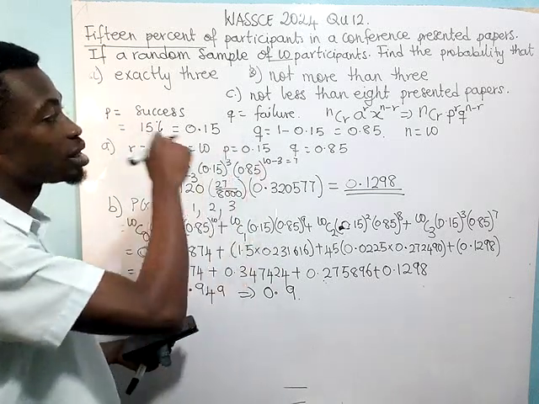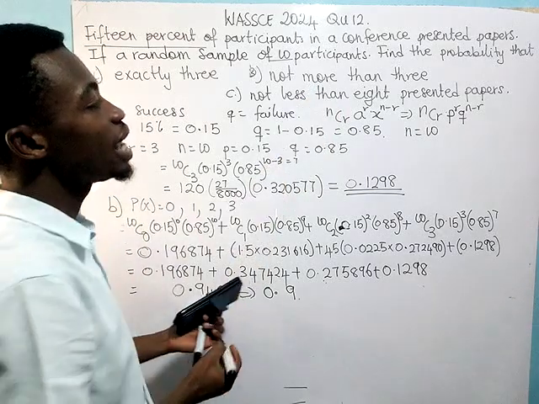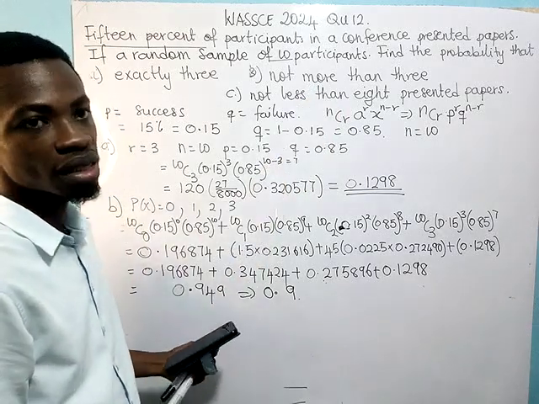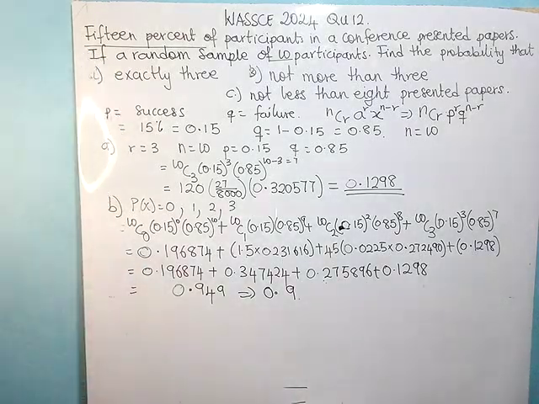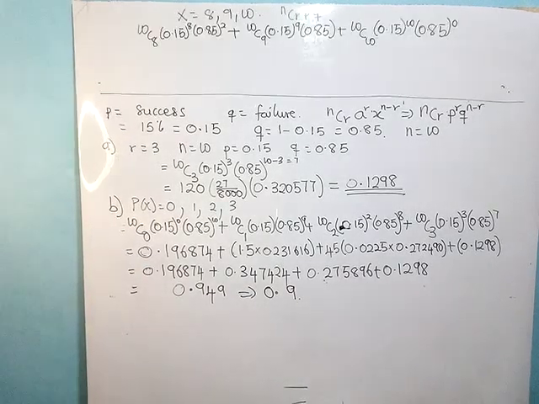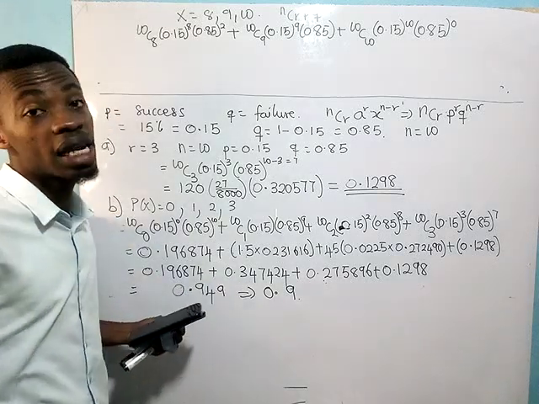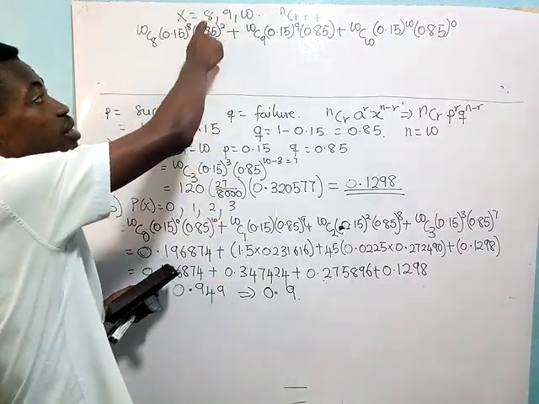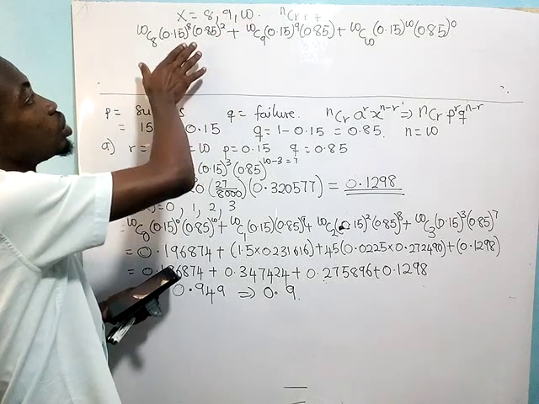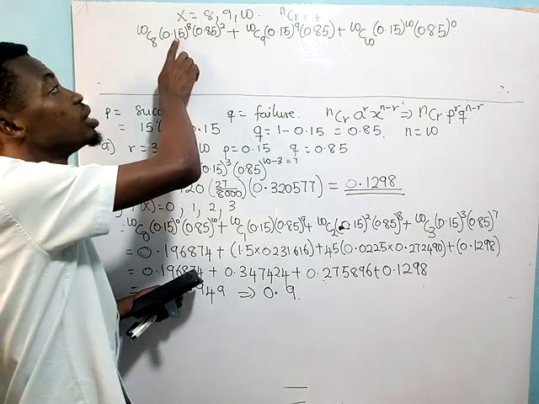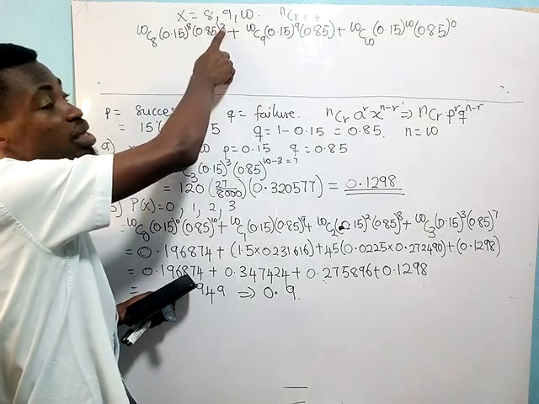Then the final one says not less than 8 presented papers. So the last one, we're asked to find not less than 8, which means 8, 9 and 10. So we have 10 combination 8, and we did the substitution, with 0.15 to the power 8 and 0.85 to the power 2.